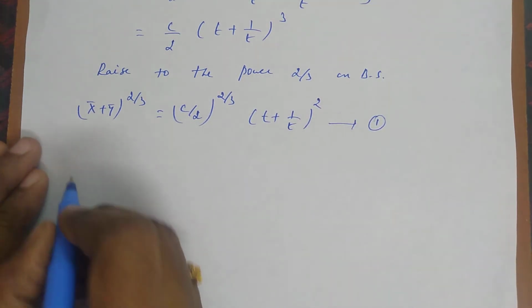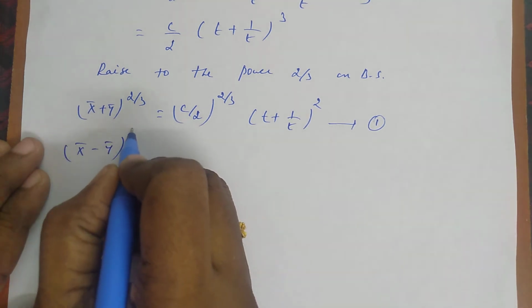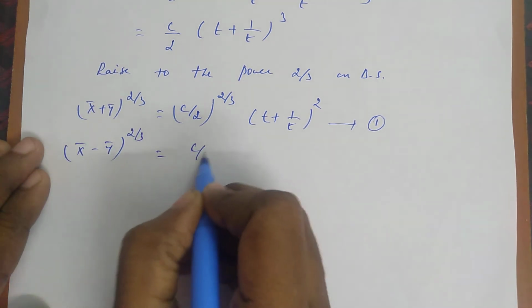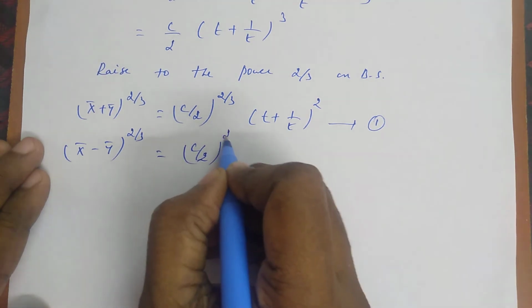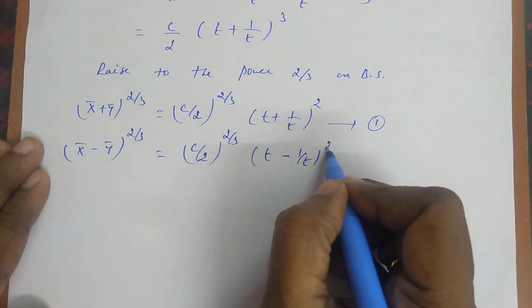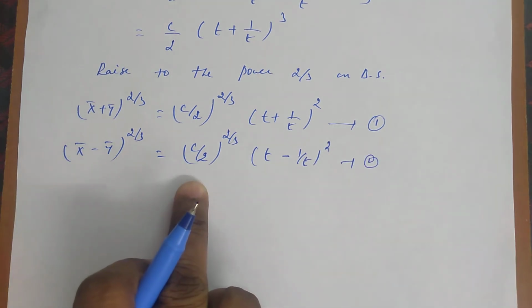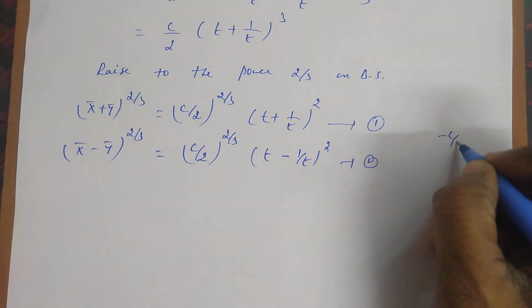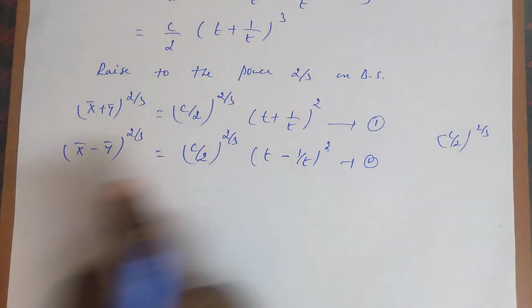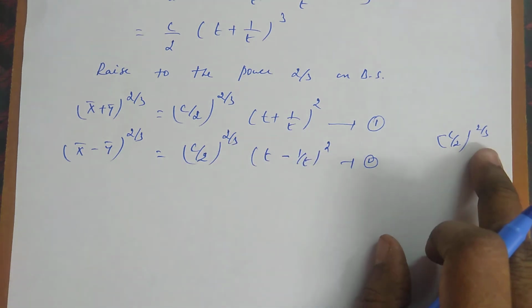In the same manner we can find x bar minus y bar whole power 2 by 3. When doing that, we get c by 2 whole power 2 by 3 into t minus 1 by t whole power 2. Here we get minus c by 2 power 2 by 3 for the first term when finding x bar minus y bar.